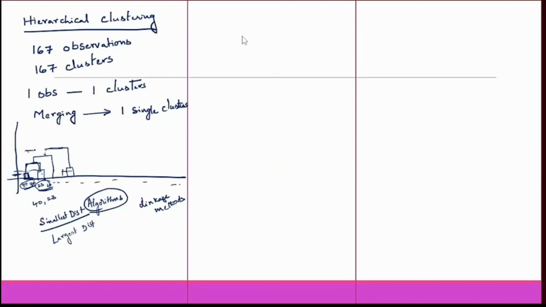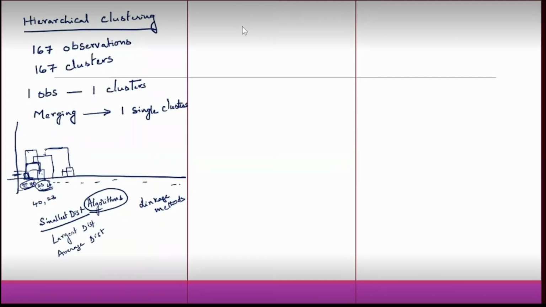These two clusters will be joined somewhere here. Or sometimes it could be the average distance. So the four distances will come out here, and whatever is the average distance between these four, at that level, these two clusters will be joined.